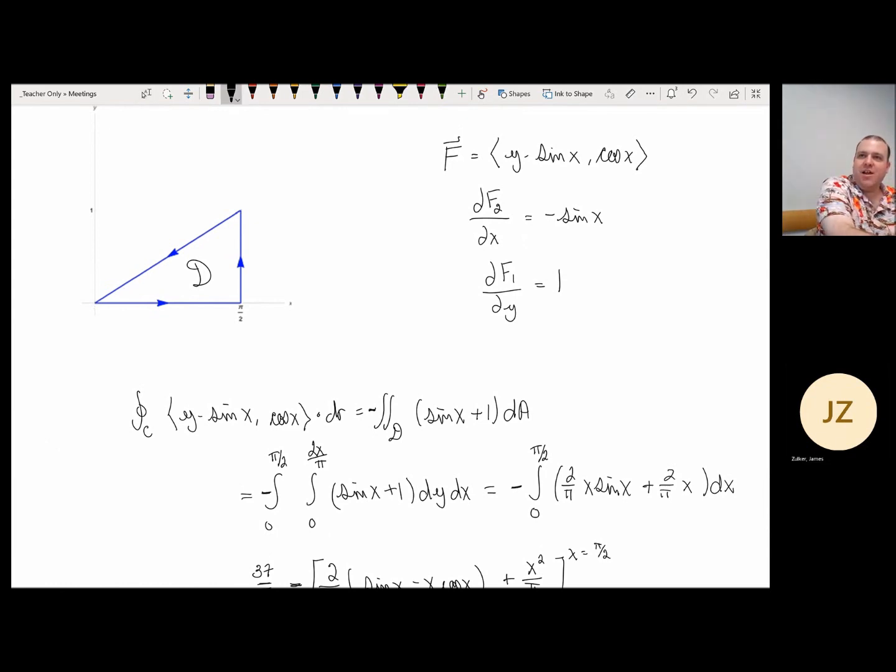You have to find the equation of this line right here. So it has a y-intercept of 0. It has a slope of 2 over pi, because it goes from 0 to 1 along the y and then 0 to pi over 2 along the x. So it becomes 1 over pi over 2. So that's how you get y equals 2 over pi times x.